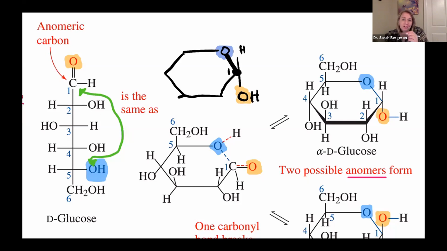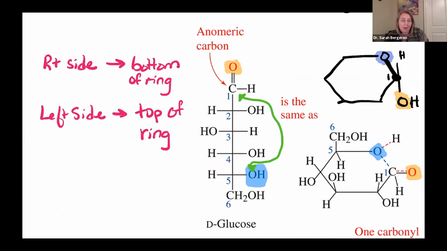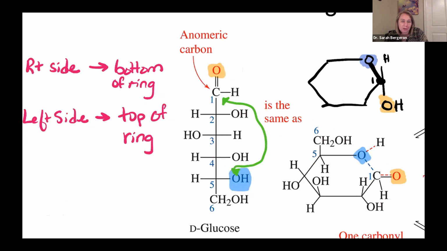And then what you do is you go around and put things around the ring depending on how they are in the Fischer structure. There's a little thing you should remember: if it's on the right side of the Fischer structure, it's going to go on what's called the bottom of the ring. So you've got to think about the ring, right? We're looking at the ring kind of like this, but now take that ring that we just made and lay it down on a paper.